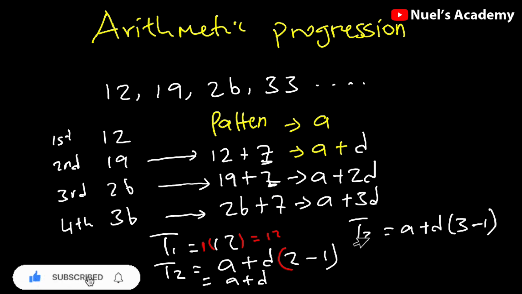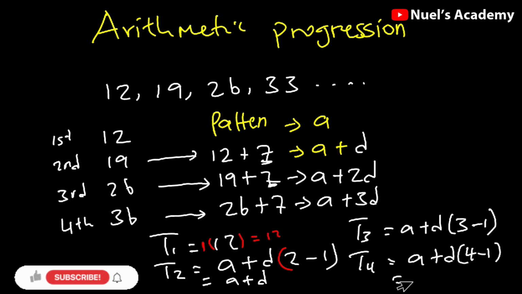Alright, so the third term is A plus D into 3 minus 1, which is equal to A plus 2D, which is what I have here as my third term. How about the fourth term? It is equal to A plus D into 4 minus 1, which is also equal to A plus 3D, like what I have here.